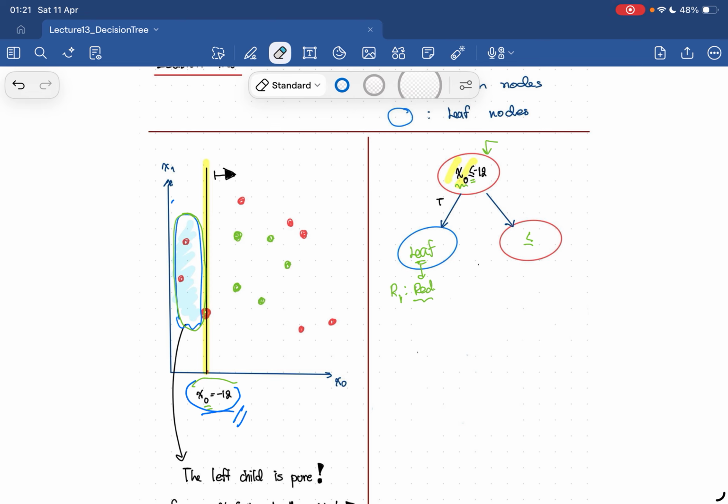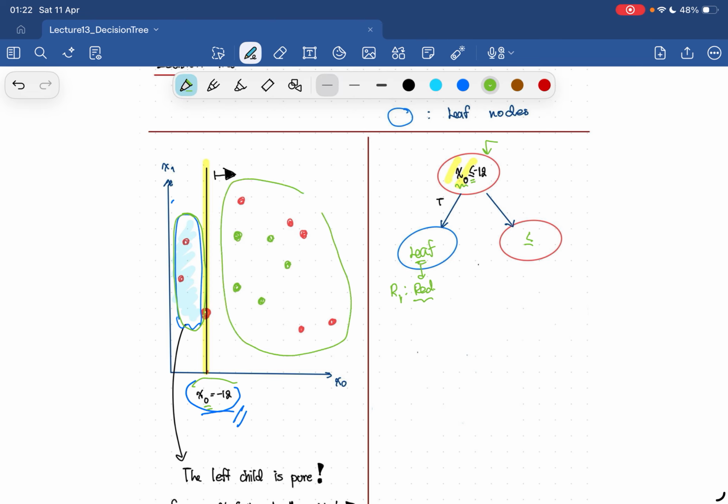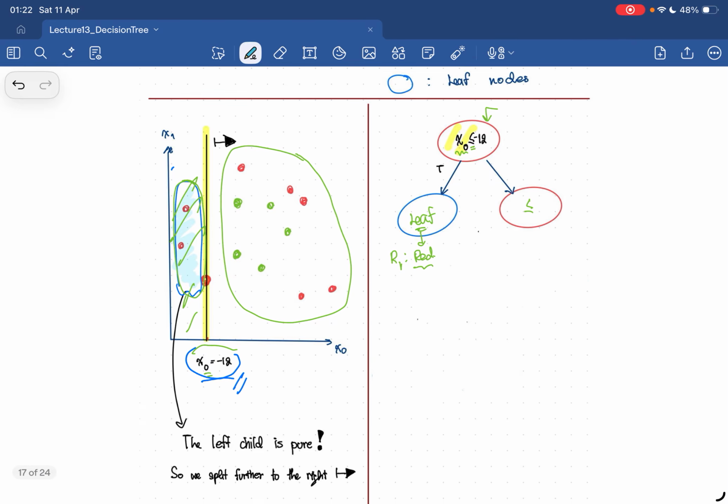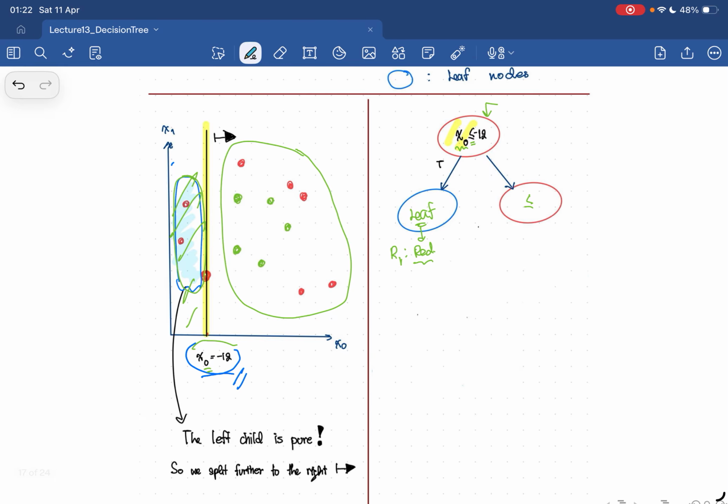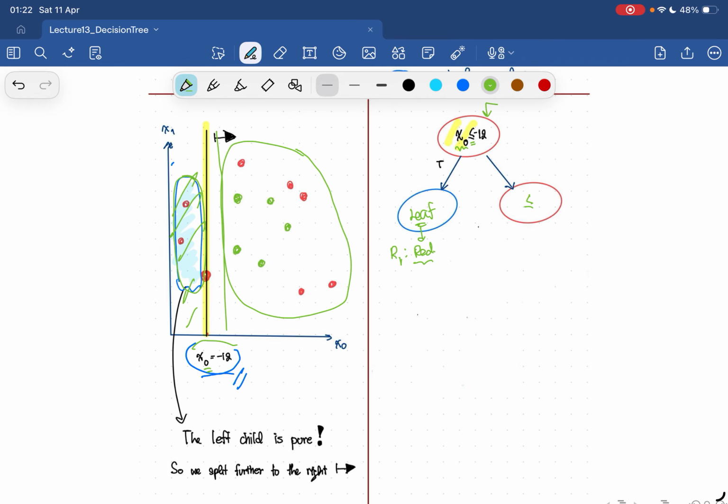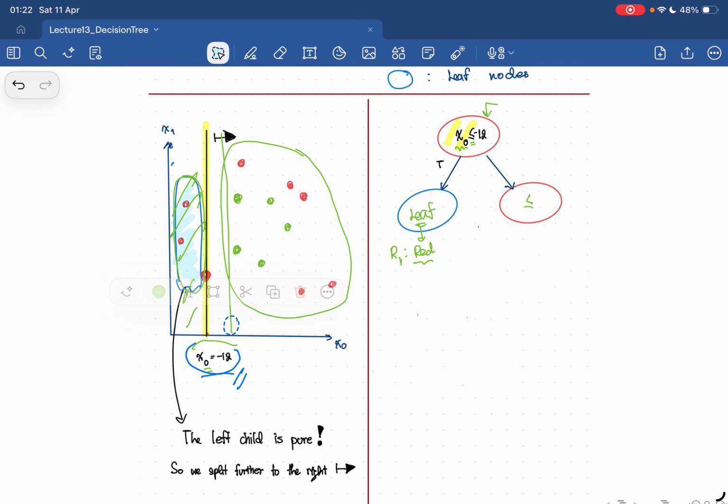Then the question is, what about the other region that you know is not pure yet? Well, you can further process this area, maybe ignoring this part for the time being because you already made a decision about it. Then you do the same thing. You come with a thresholding bar, search for each value, and move until here.